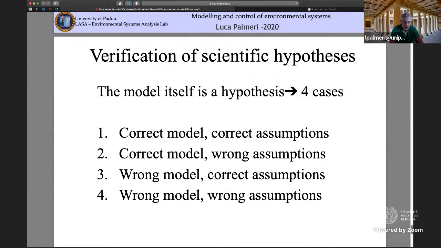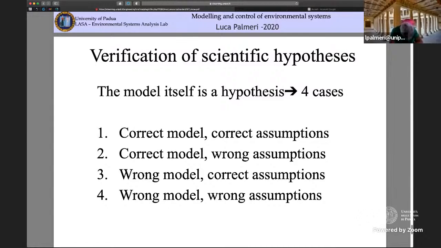So the four cases are: we have a correct model based on correct assumptions, or we have a correct model, but we have made a mistake in the assumptions. Or, more likely, and this is essentially what happens in the life of the ecological model, we have a wrong model that is based on correct assumptions.